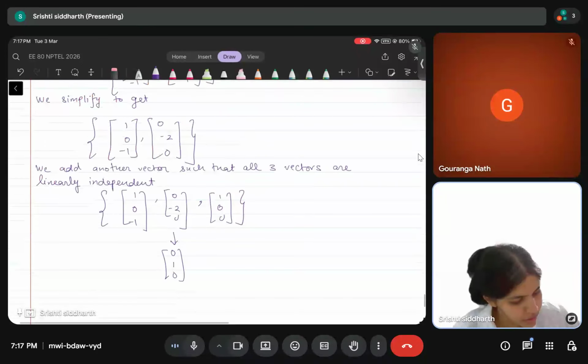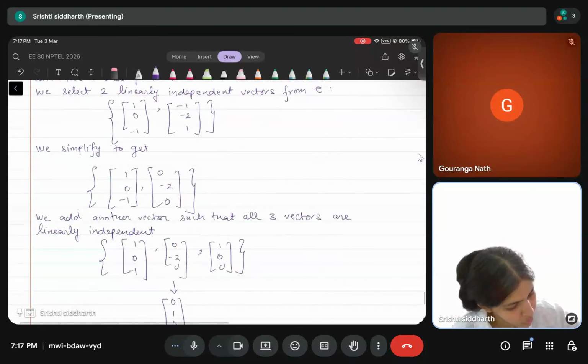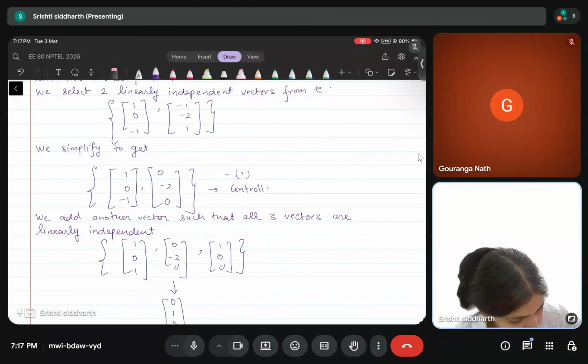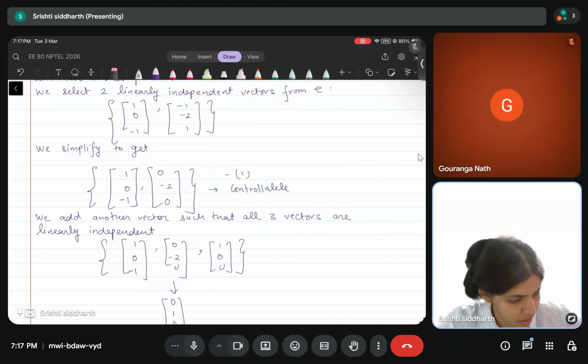So let's name this. This is also the controllable subspace, because the rank of the controllability matrix is 2. So any linear combination of the two linearly independent vectors from C will span the controllable subspace.